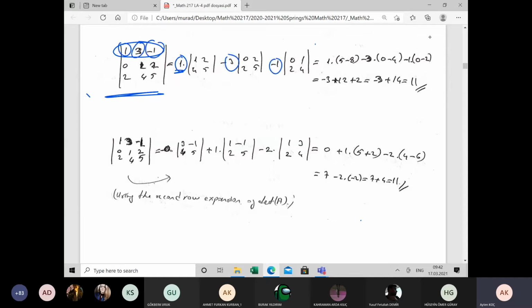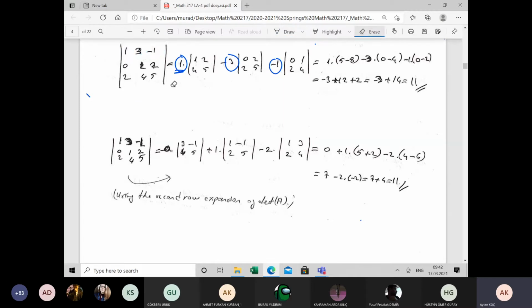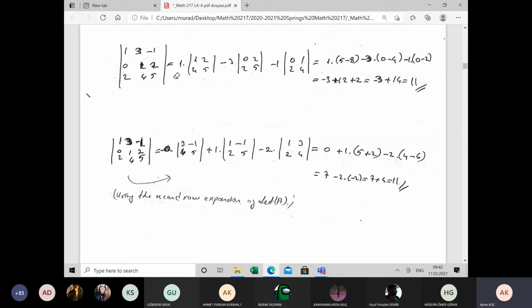Write the corresponding minor and the sign of the position.